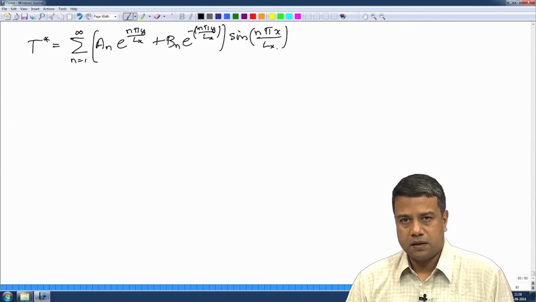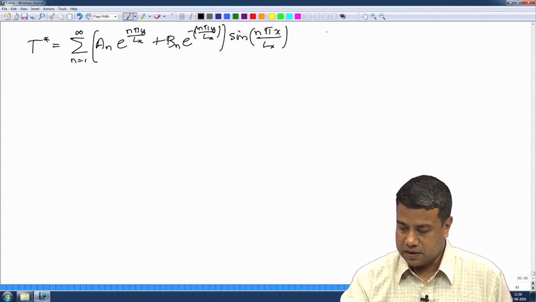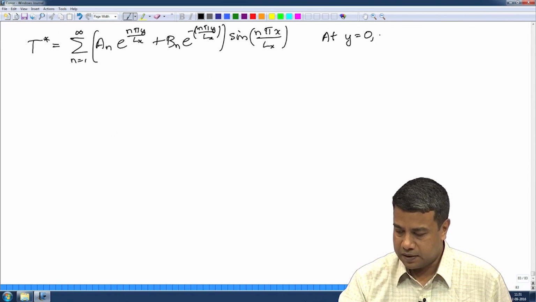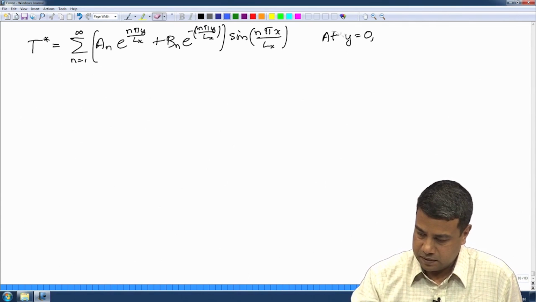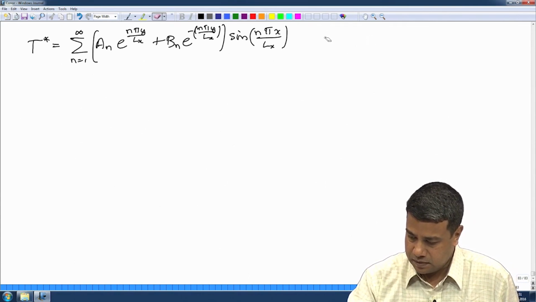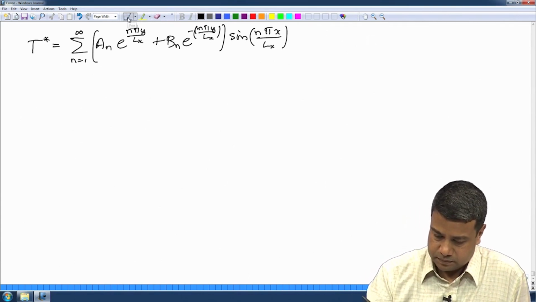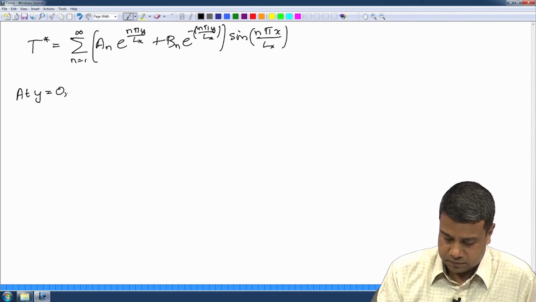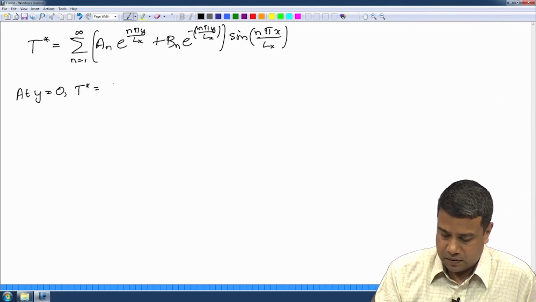And the inhomogeneous boundary condition is that at y equal to 0, T star is equal to T b minus T naught.